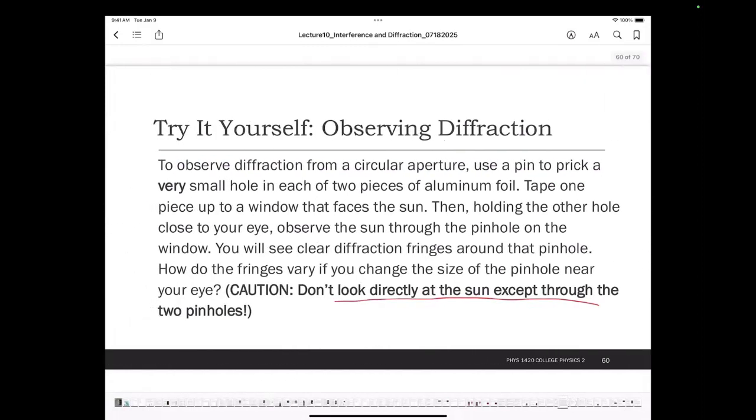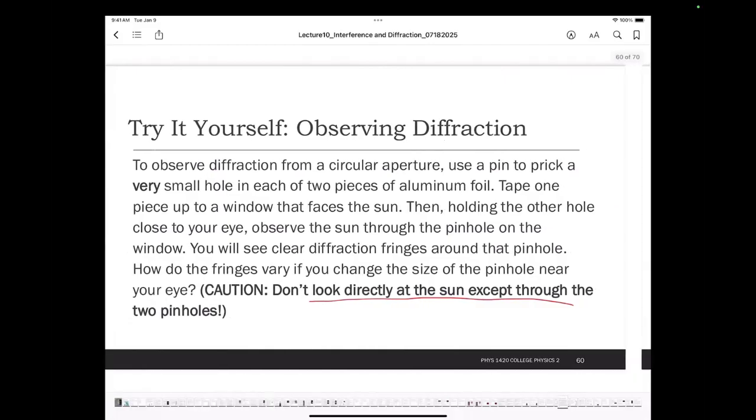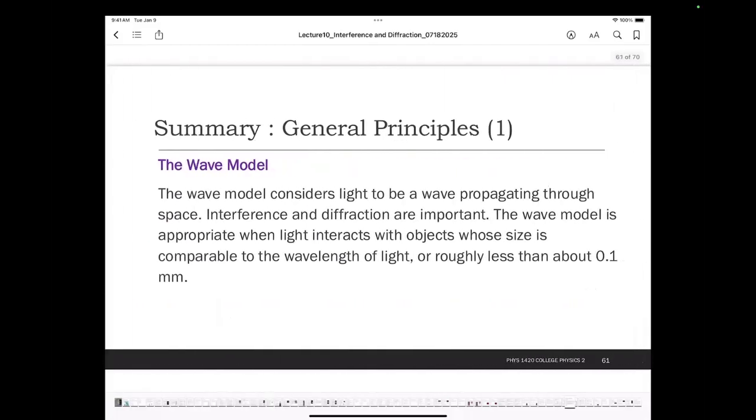And let's summarize chapter 17. Firstly, we talk about some general principles. We know light has different models to represent different characteristic features, and in this chapter we mainly focus on the wave model. The wave model considers light to be a wave propagating through space.